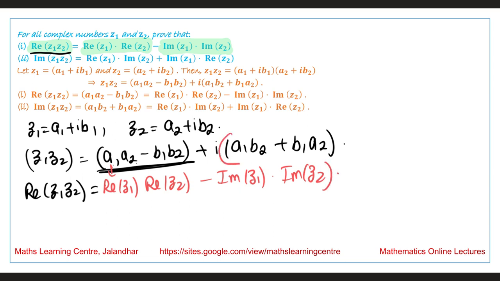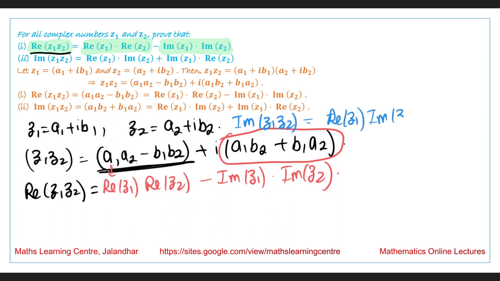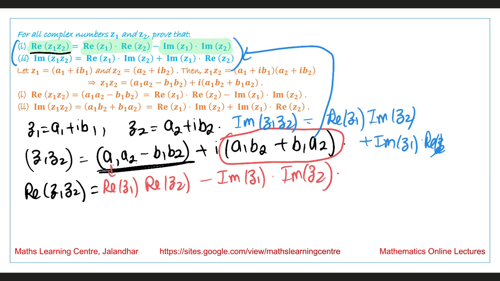When we talk about the imaginary part of z1 z2, it is equal to real part of z1 into imaginary part of z2 plus imaginary part of z1 into real part of z2. So we have just written these terms over here in this form.